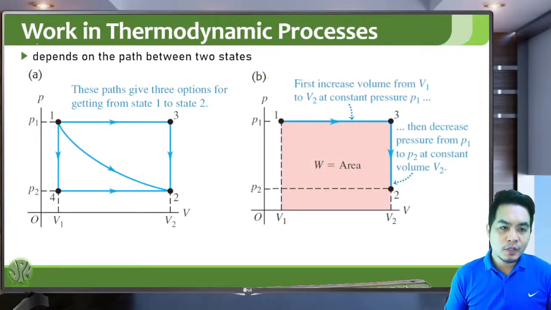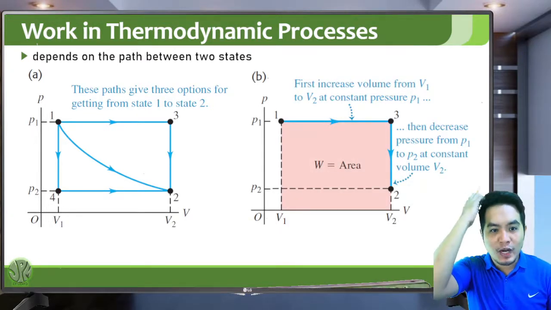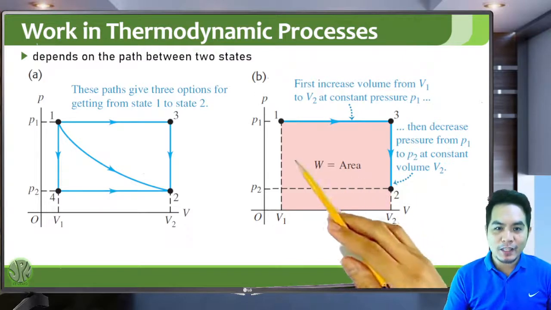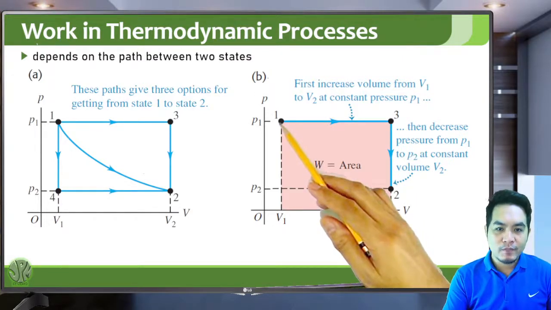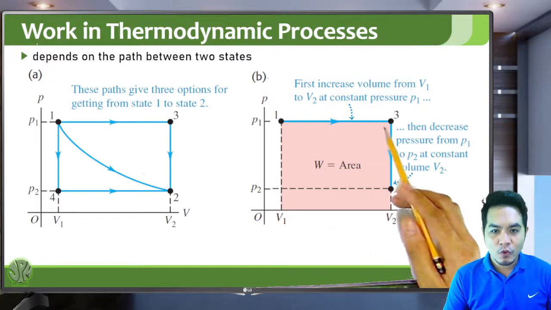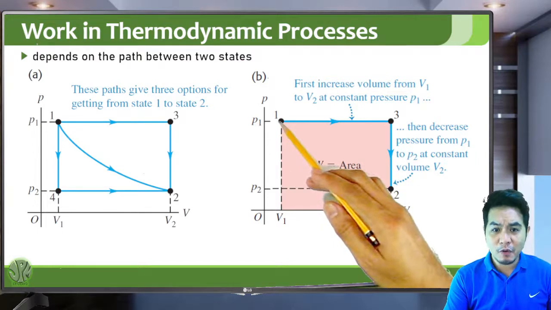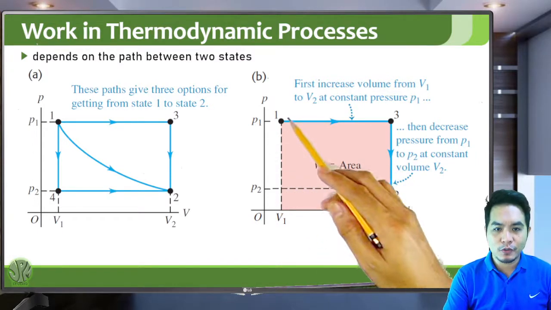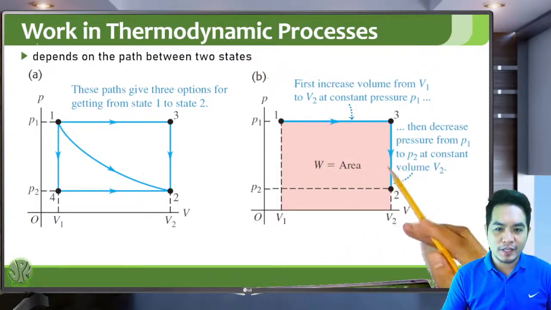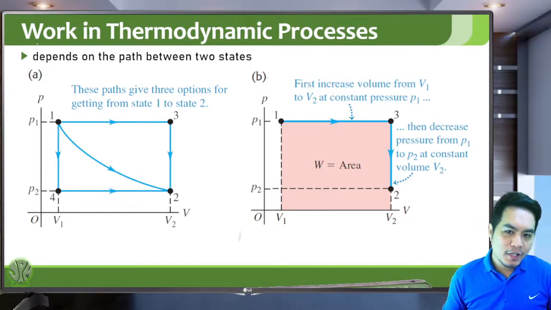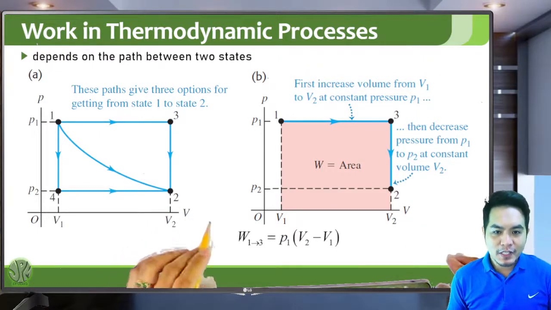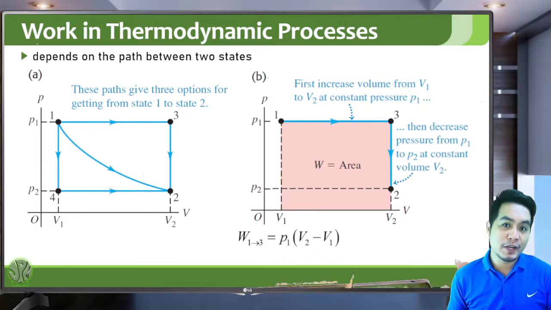So first, let's consider the path 132. In the path 132, you first start with the change in state, or the thermodynamic process, 1 to 3, wherein the pressure is at P1 and the volume changes from V1 to V2, which is at point 3. In that case, the work done in the process 1 to 3 is just P1 times the change in volume, V2 minus V1.